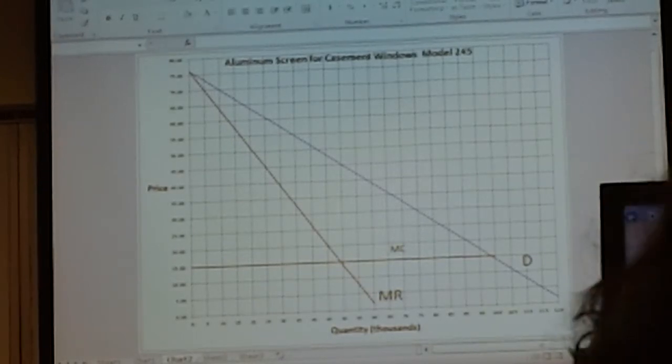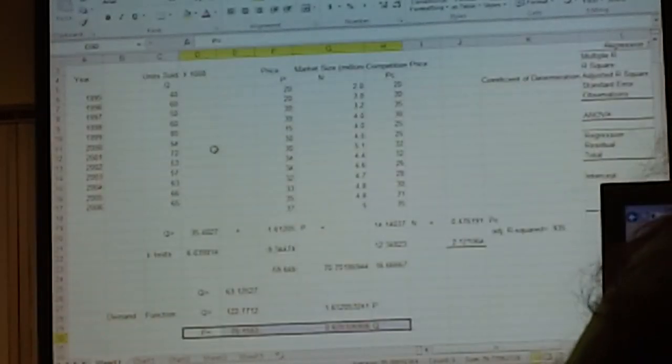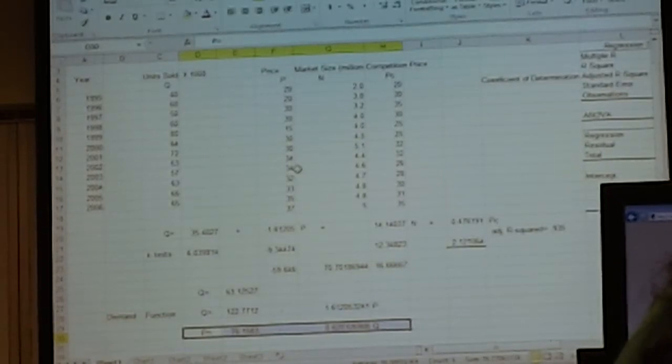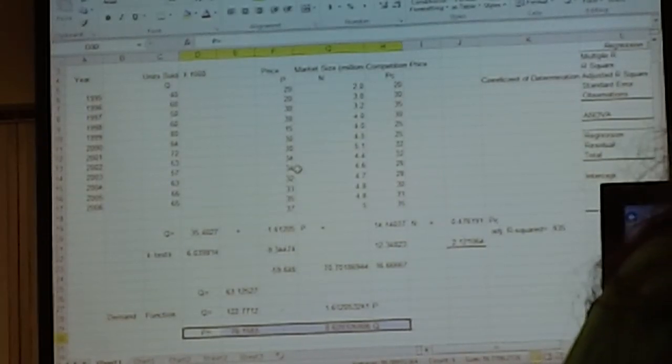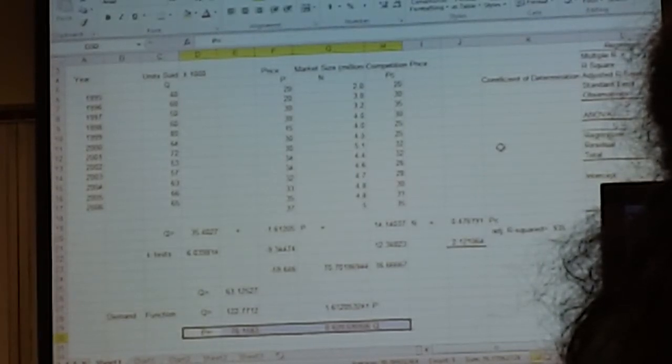The number of units sold, the price that they sold it for, the market size, the competitive price. Get all that information. Then you go out and you estimate your demand function.